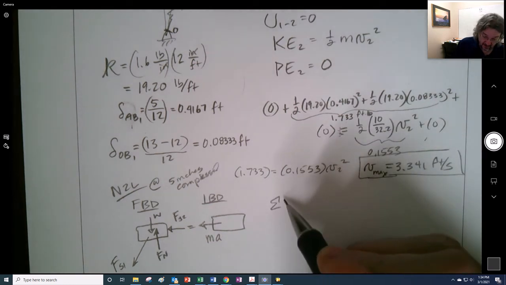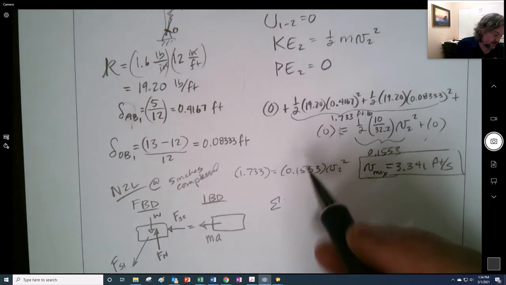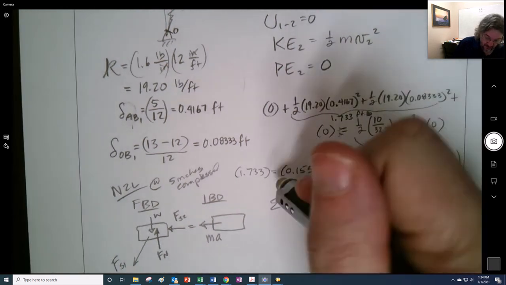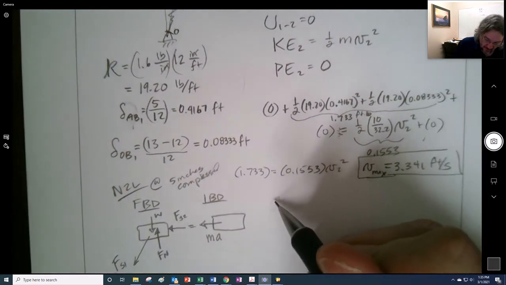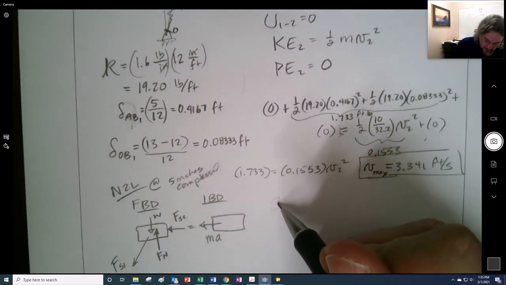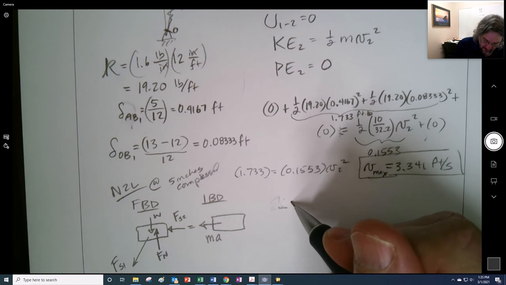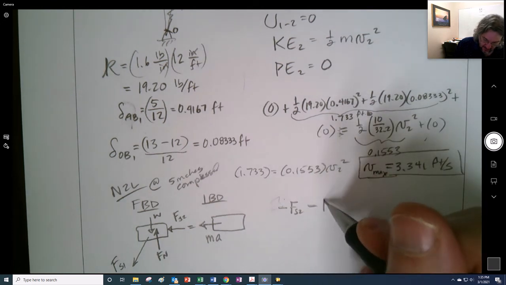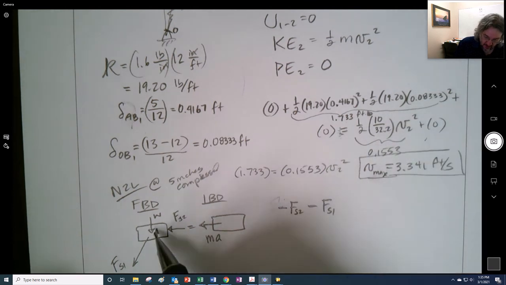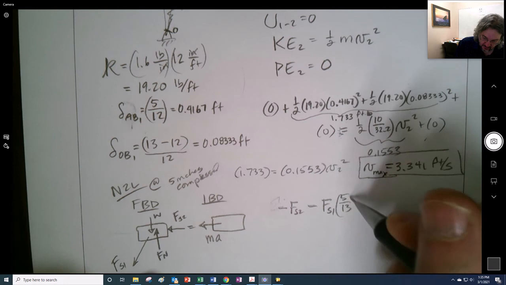So we're going to need to figure out what the spring forces are as part of this right here. So I decided to go ahead and write the thing out here. Yeah, so in the x direction, I said that I have a negative Fs2 and then a negative Fs1, but only the x component of it, which is going to turn out to be 5/13ths right there, right?